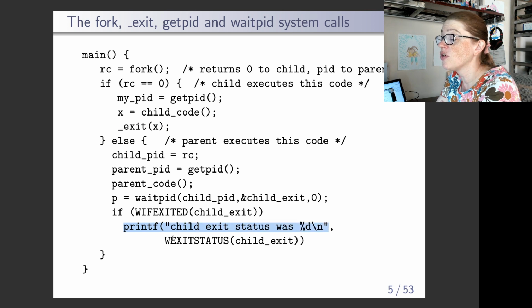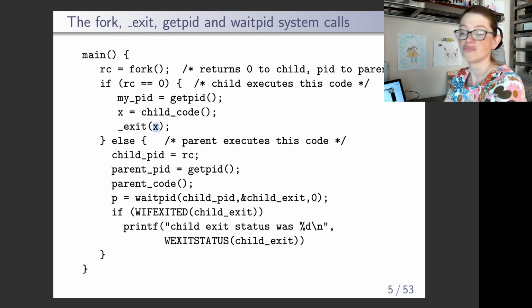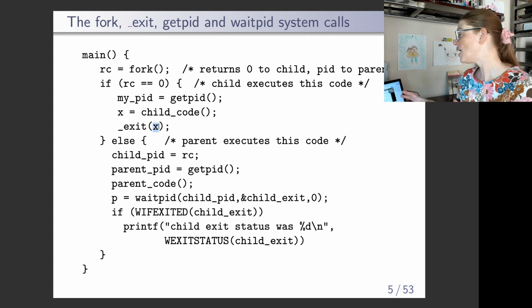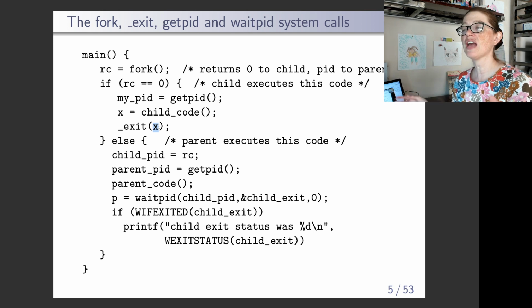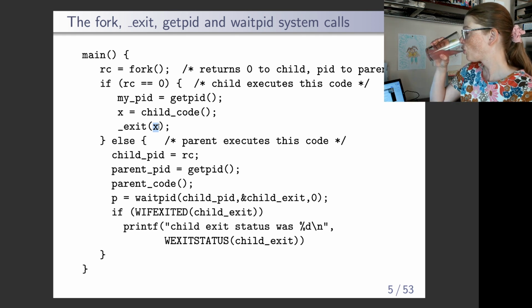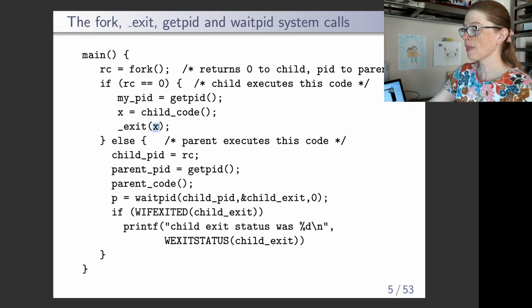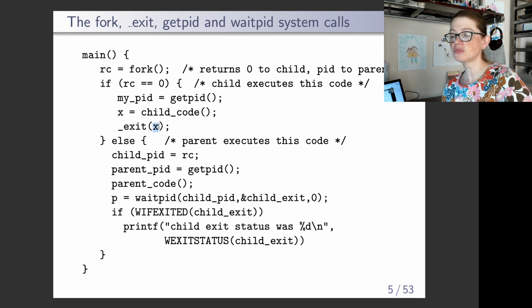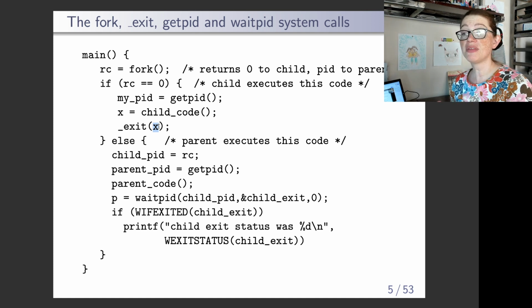So now we're going to use this other macro here, WEXITSTATUS, to get the value of X from here. So there you go. You have one program where we started out with one process. We called fork. The two processes then did some different work, and we let the parent wait on the child. And again, you could modify this code very simply to turn into something like MapReduce, but with multiple processes.